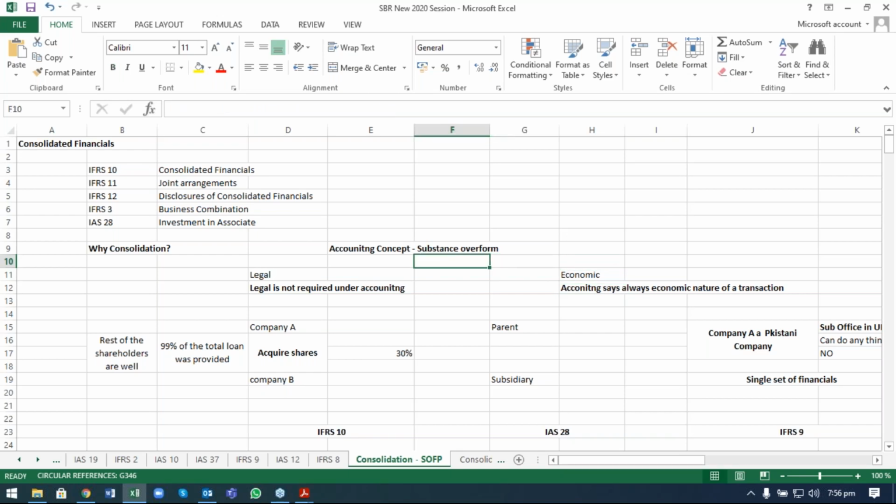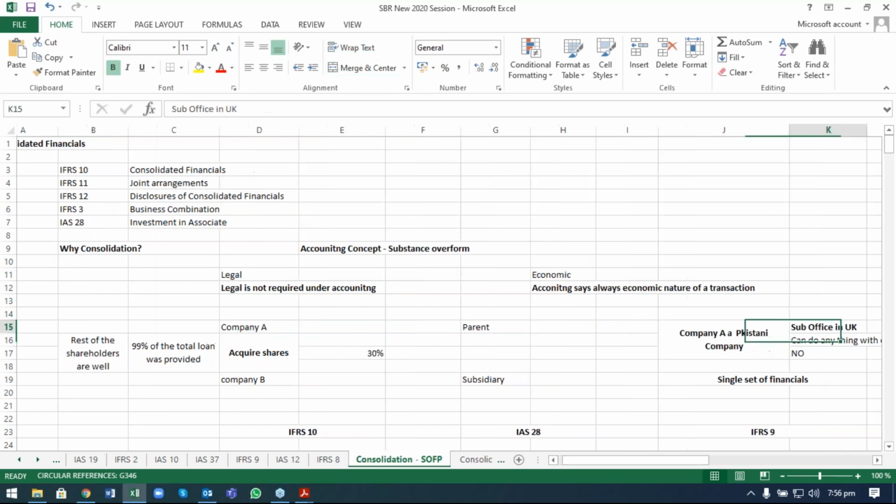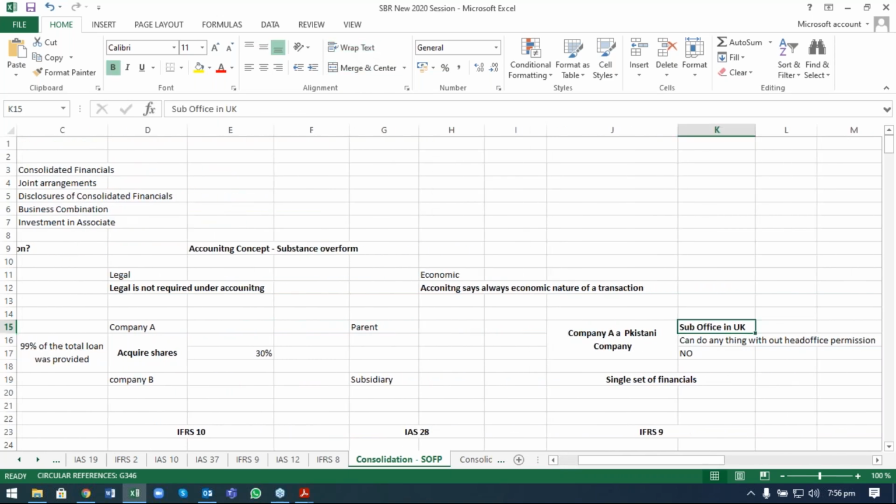So how is the substance over form concept applied here? For example, there is a Pakistani company, and it has a sub office in the UK, and the sub office cannot perform any of its activities without the permission of the Pakistani company. So the company is not required to create two separate sets of financial statements, one for the UK office and one for the Pakistan office.